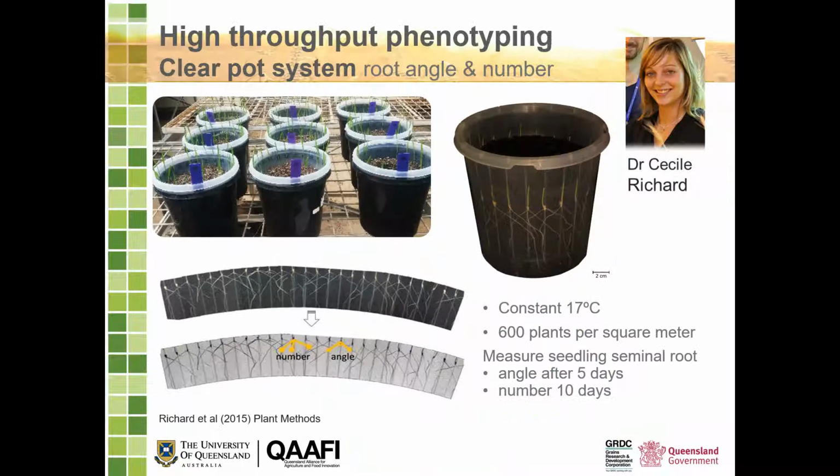So Cecile developed this novel phenotyping system with transparent pots. We sow seeds around the edge of these pots so that the roots will grow at the edge of the pot where they can be visualised.